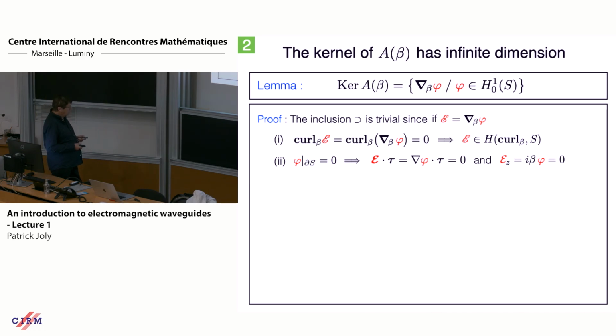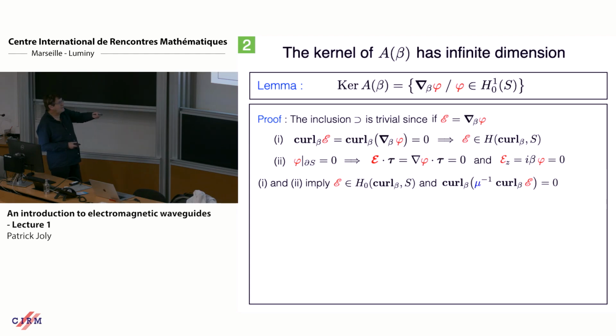So putting this together, you have E in H0 curl beta. And of course, the curl beta is 0 because the curl beta is already 0. So this means exactly that the field we have constructed is in the domain of the operator, and it is in the kernel, in fact, because its image is 0.